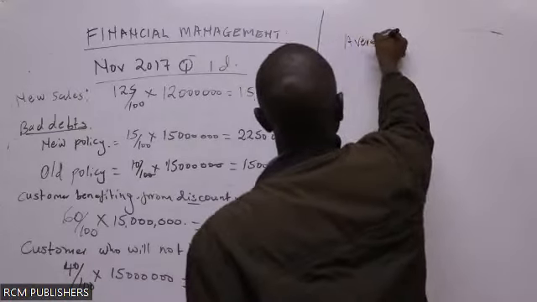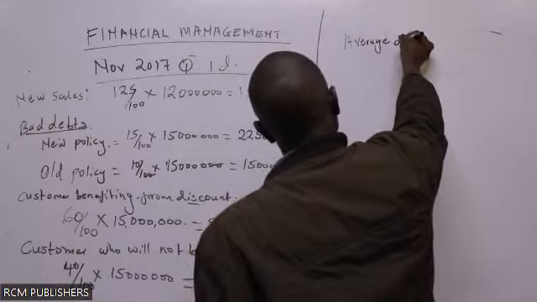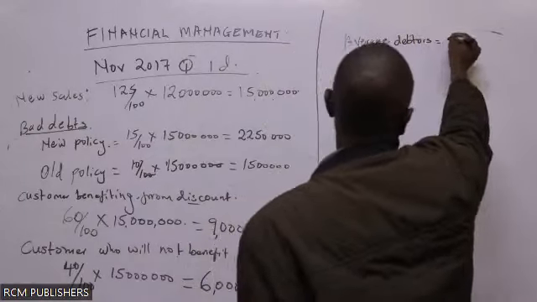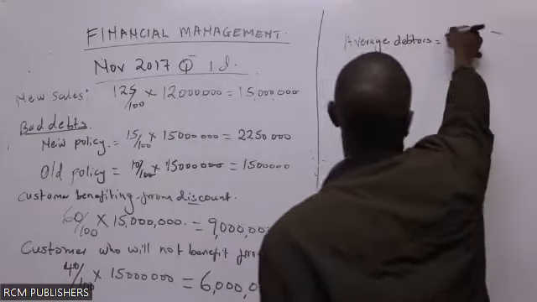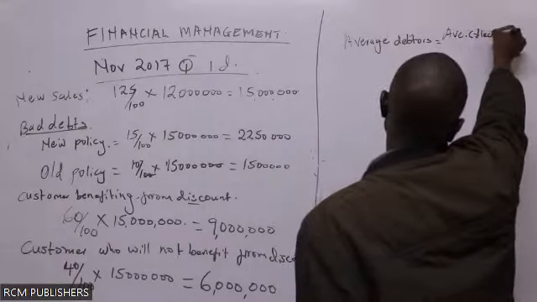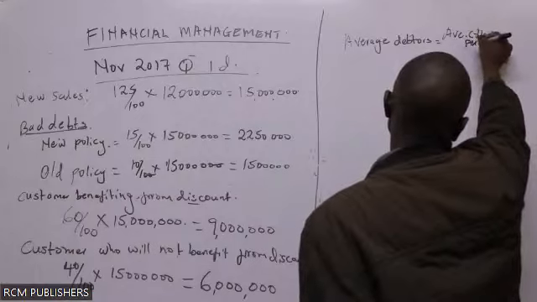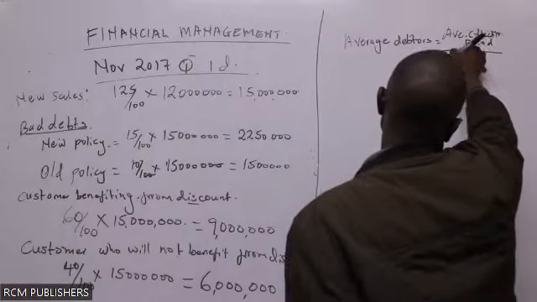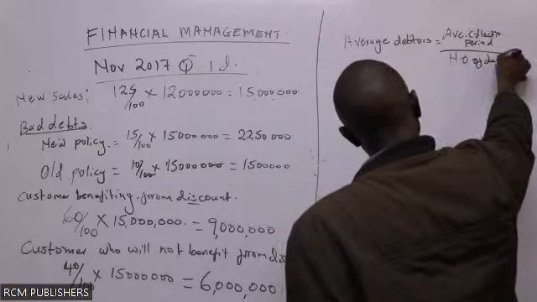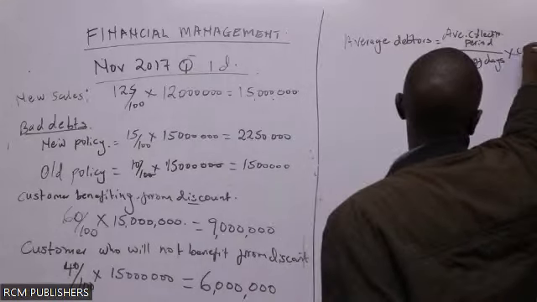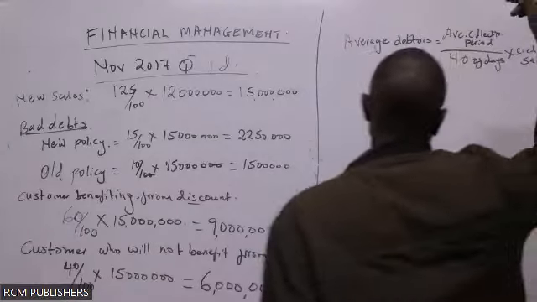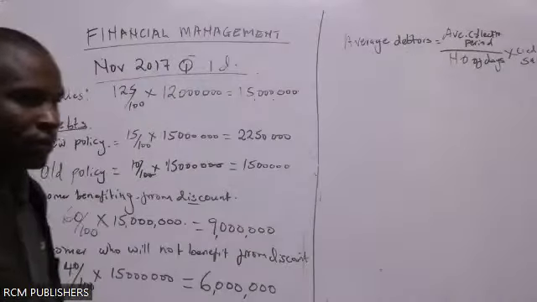Average data, we said, is the average collection period over number of days, times the credit sales. Credit sales. Don't ever forget that. Your formula is very important.